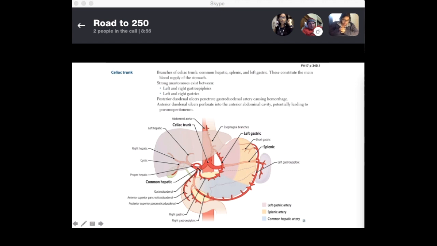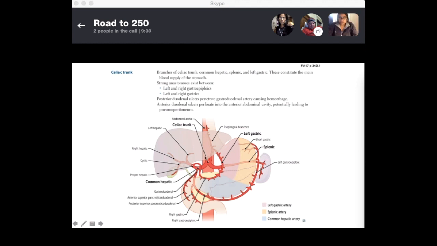And then from there, the gastroduodenal splits into the pancreaticoduodenal branches, both the anterior and posterior, as well as the right gastroepiploic. So it makes a nice little circle there. And then our splenic branch is the one that splits into the left gastroepiploic as well as the short gastric that we see sticking out just a little bit over there.